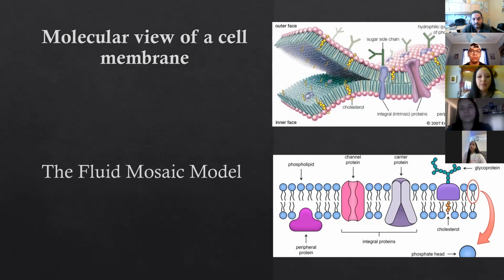And then the nonpolar tails are going to be facing inside the membrane because they do not like water, which is also known as hydrophobic. And then I'm going to go over cholesterol. Cholesterol acts as a buffer and it maintains fluidity of the membrane.